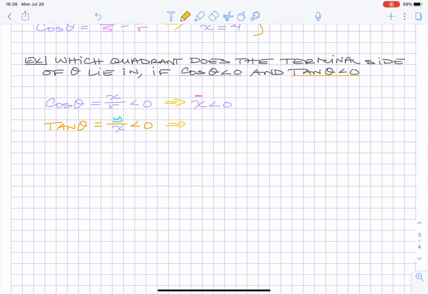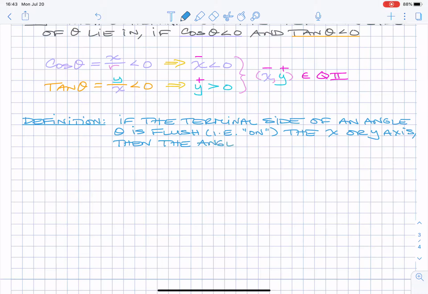So that's what we're defining, quadrantal.